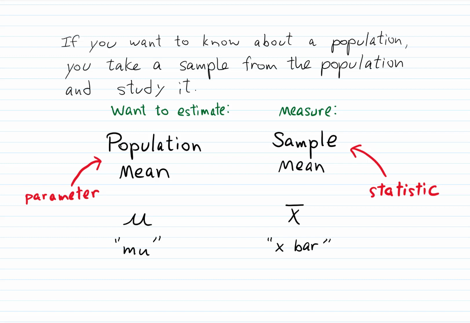Then let's write a formula for mu. So mu would be, let's just call it x1 plus x2 plus x3, and let's say that there's capital N many people in the population. So you would add up the measurements for all of those people, and you would divide that by the number of measurements, which would be capital N.